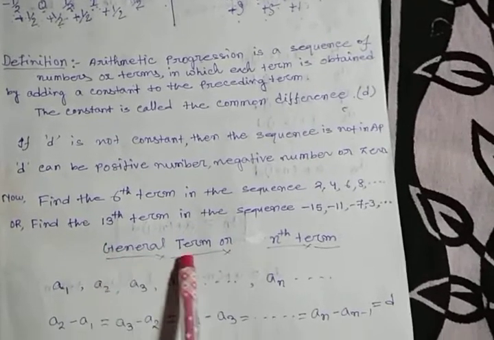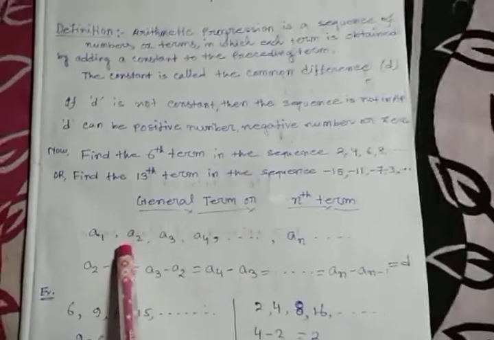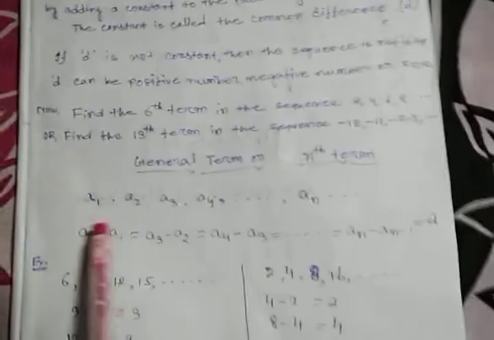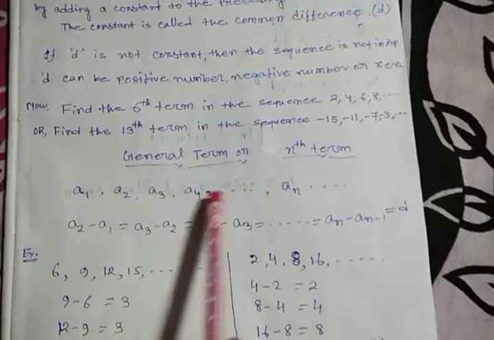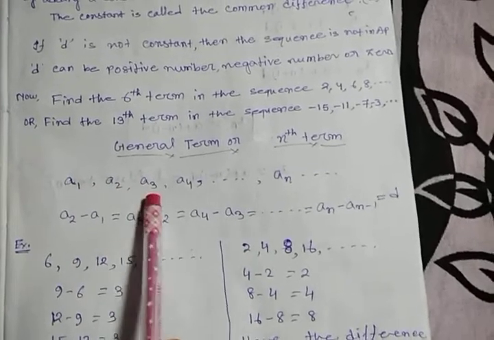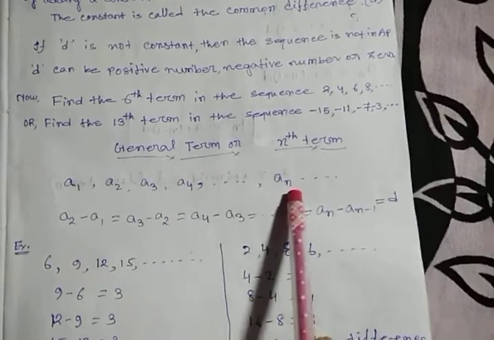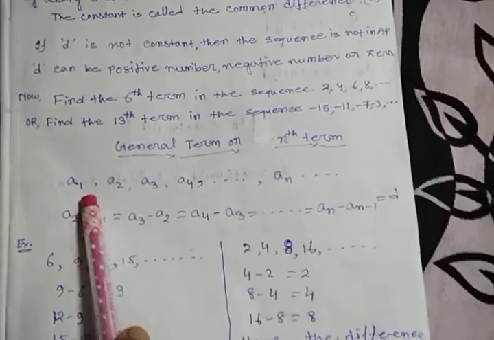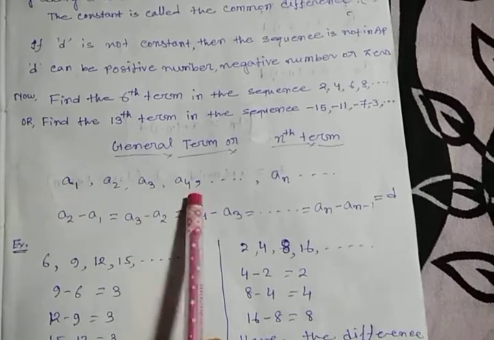For finding the general term or nth term of a sequence, generally we can write a1, a2, a3, a4 and so on up to an. That means first term, second term, third term, fourth term, and nth term.